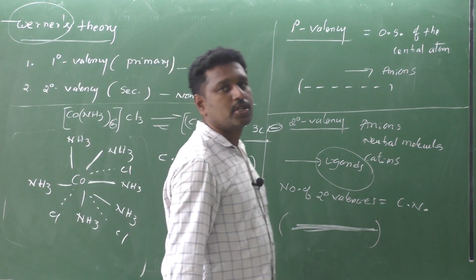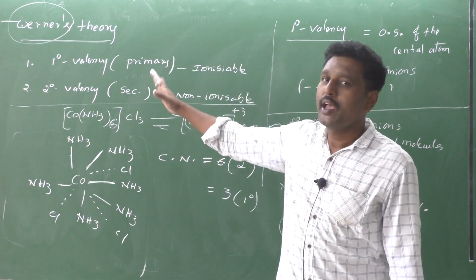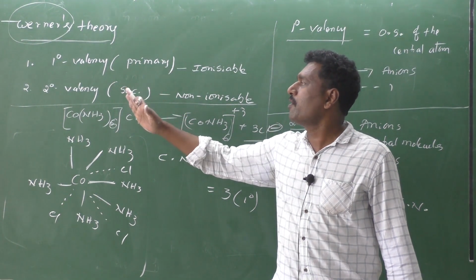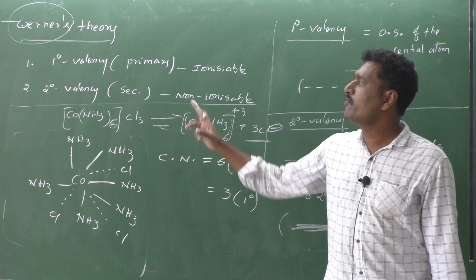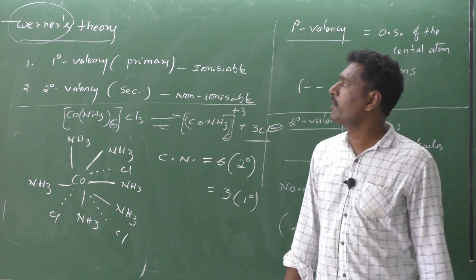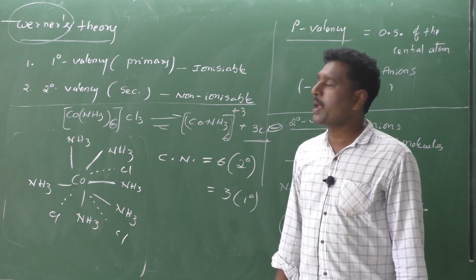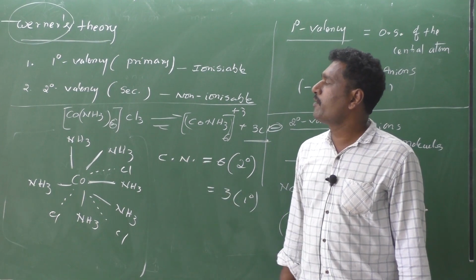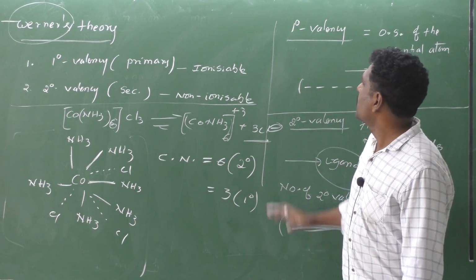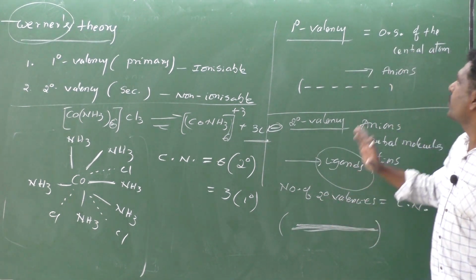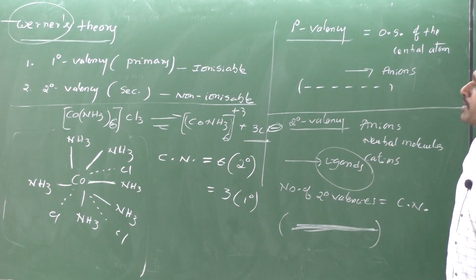This is about Werner's theory. According to Werner's theory, two valencies are possible for complex compounds. One valency is called 1 degree valency or primary valency. The secondary valency or 2 degree valency is non-ionizable. The 1 degree valency is equal to the oxidation state of the central atom.